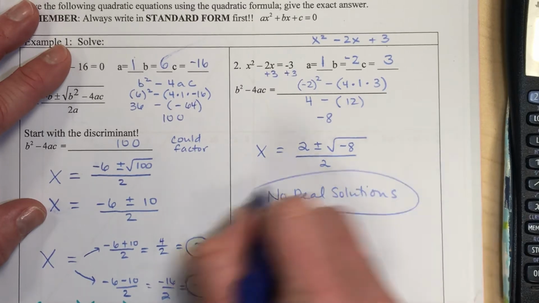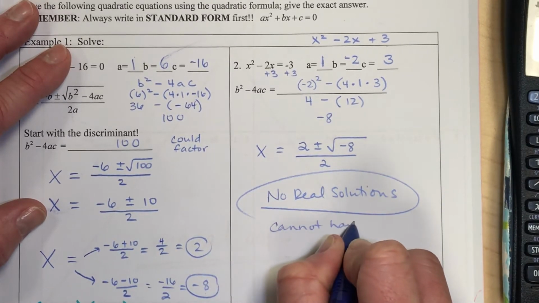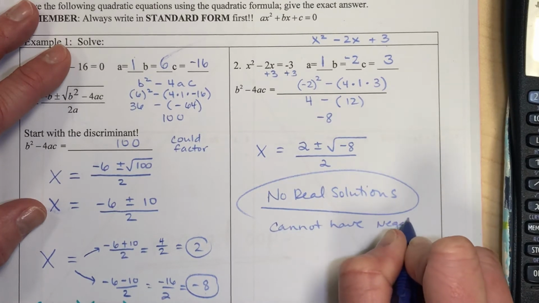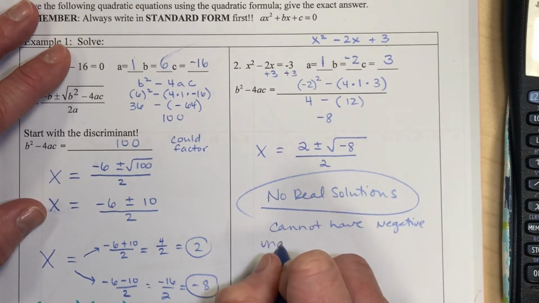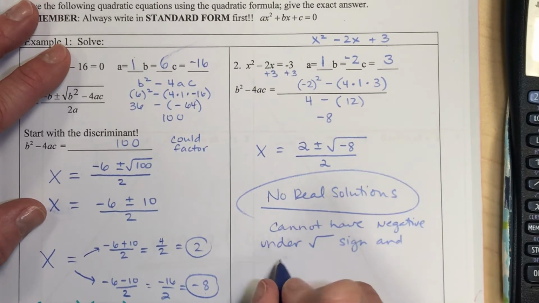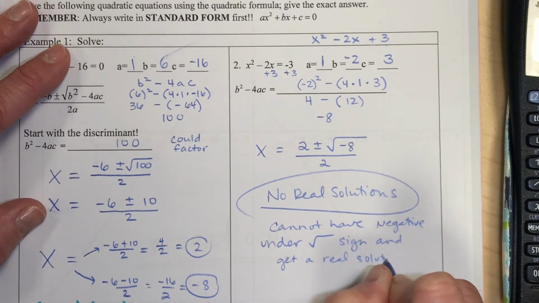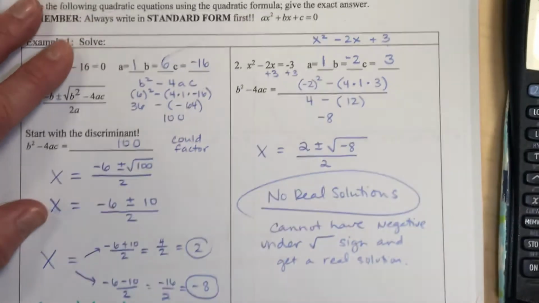And so that is my answer, because you cannot have a negative under your radical sign and get a real solution. So we'll just stop here and say no real solutions.